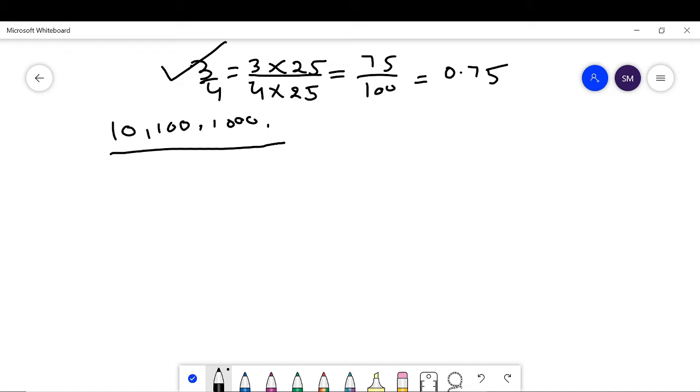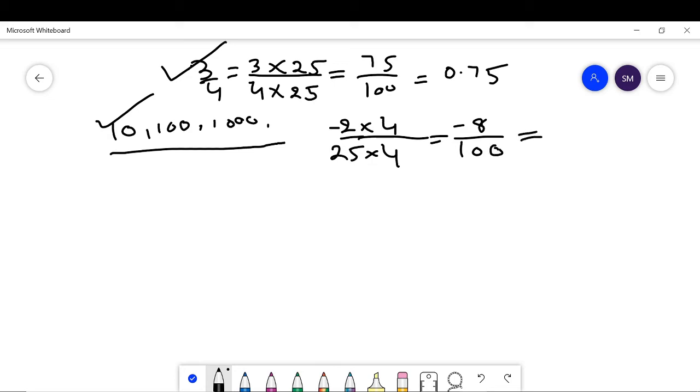Suppose a number is given: minus 2 upon 25. How can we convert it into decimal form? I have told you before, at first make the denominator into such terms: 10, 100, 1000, 10,000. Then 25 can be converted into 100 by multiplying by 4. When we multiply 4 with the denominator, we must multiply 4 with the numerator, otherwise the value will change. Here we get minus 8 upon 100.